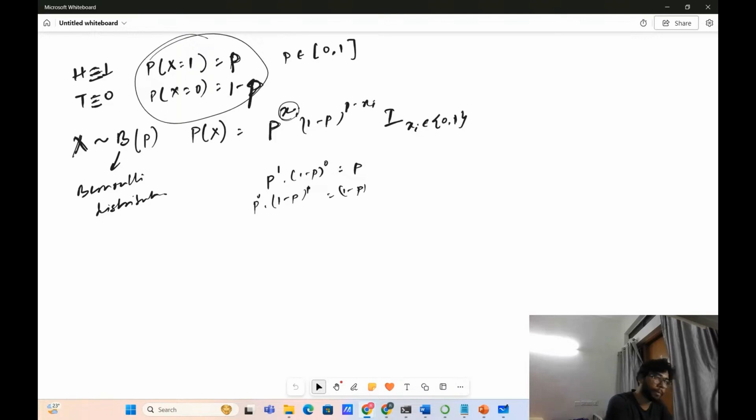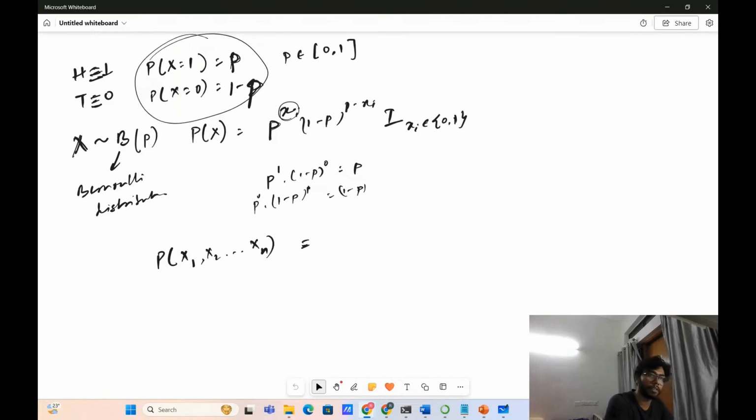Now you can repeat this experiment 100 times, or let's say n times. Then what will be the probability distribution of all the variables x1, x2 till xn? Considering that each of the trials is independent, the multiplication will again come in.